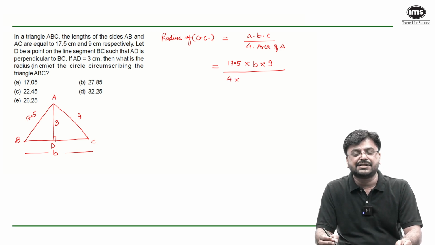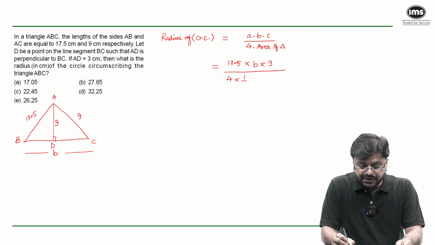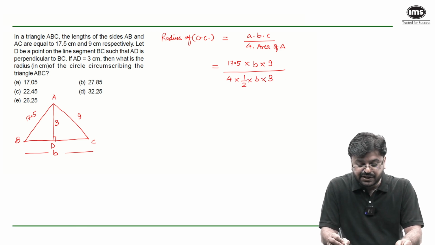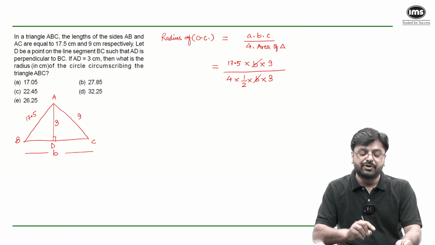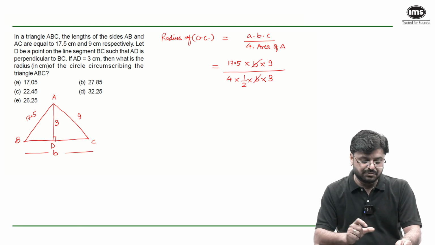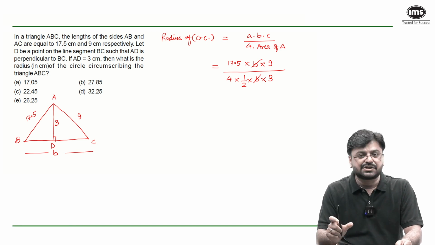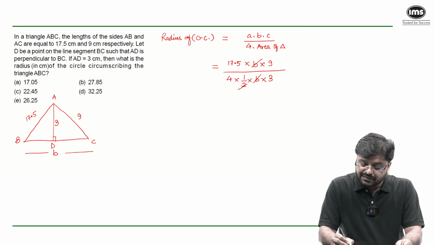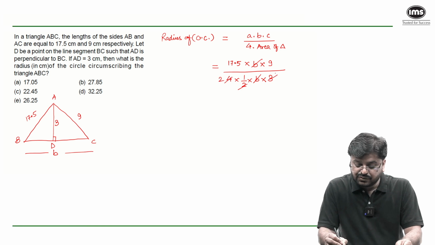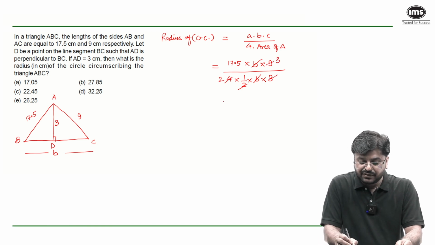And the area of a triangle is half into base into height. So it is half into base, which is b, into height, which is 3. So b and b get cancelled. Before you are tempted to solve this by finding BD and CD using the Pythagoras, just try this method. This is 2, 3.